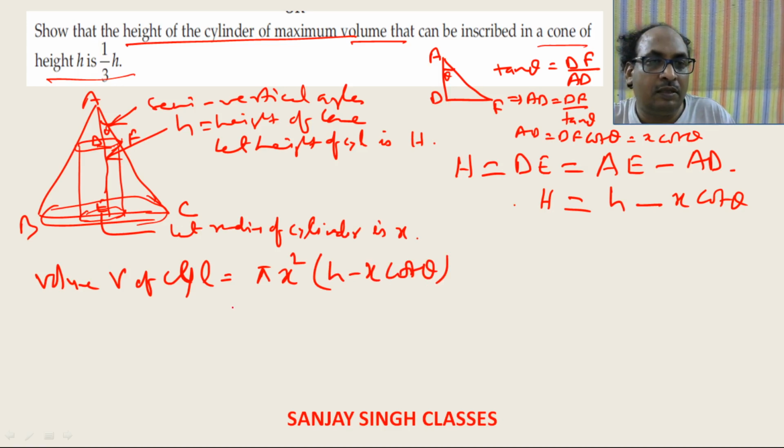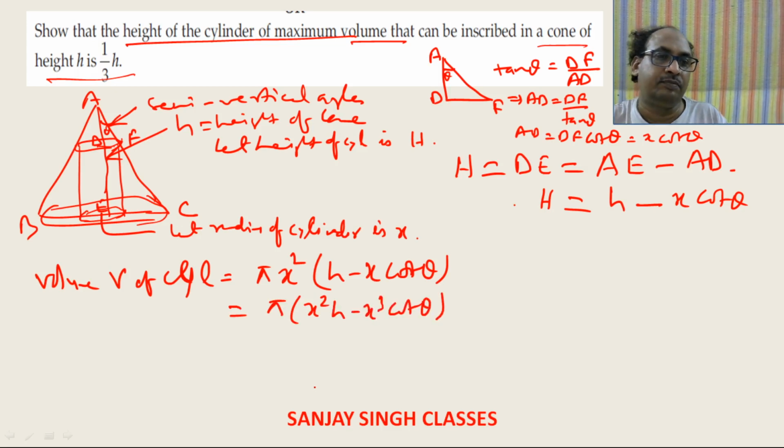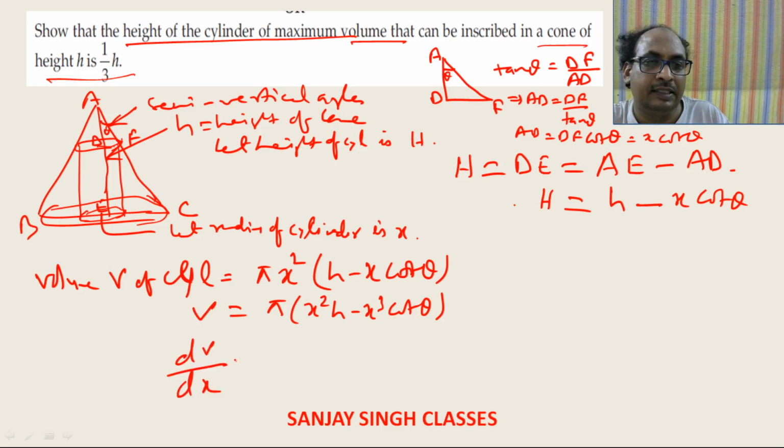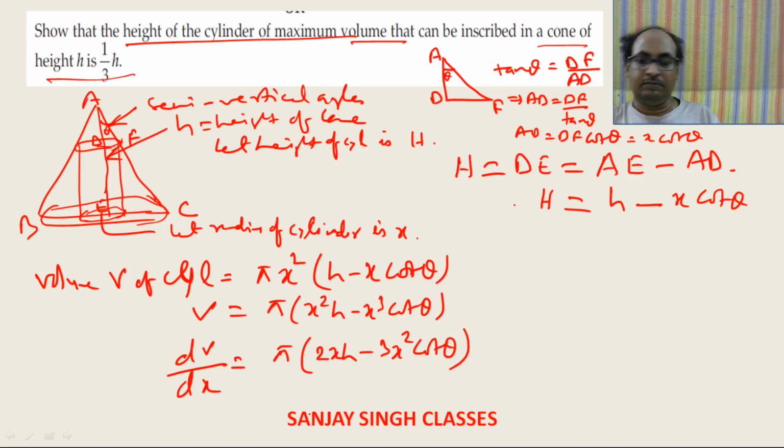Now we can write pi times (x square h minus x cube cot theta). Now dV by dx we need to find. So dV by dx will become pi times (2xh minus 3x square cot theta).